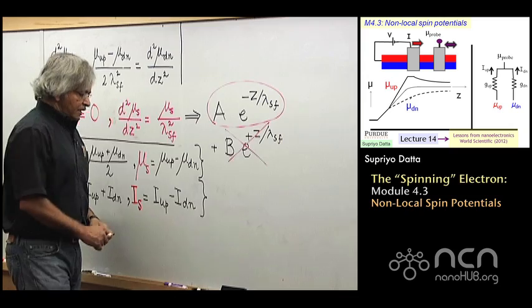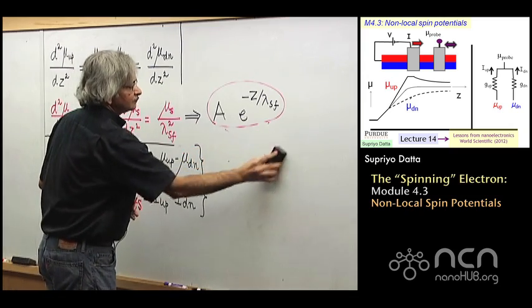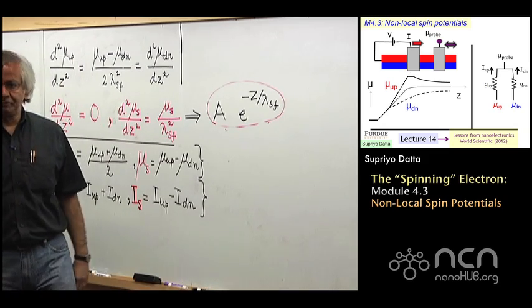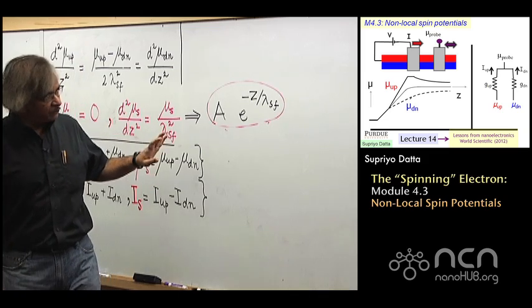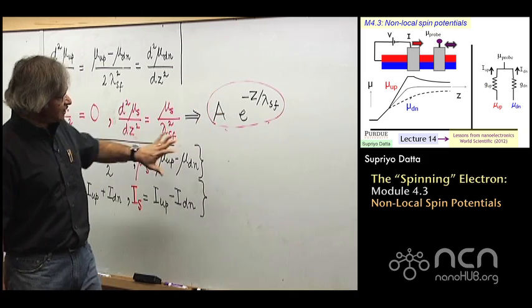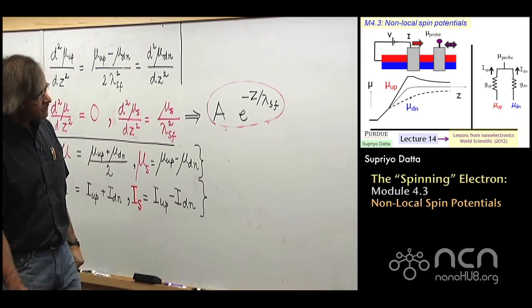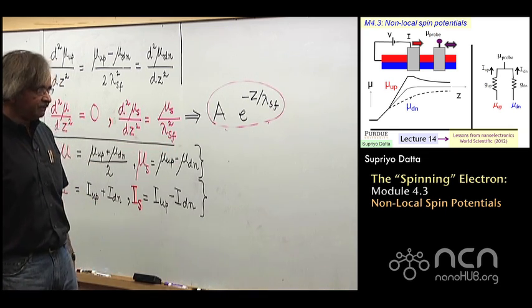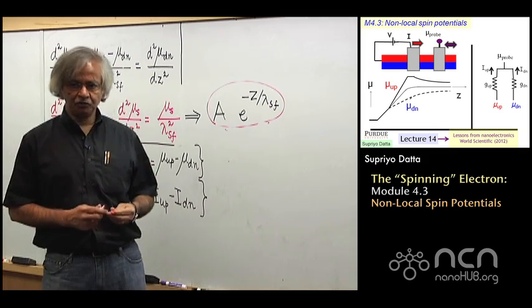Okay. Now, in order to illustrate how we think about spin potentials, and more importantly, how you actually measure them, because one of the things I've always stressed is how you relate these concepts to real experiments. Now, in terms of understanding and measuring spin potentials, there is a class of experiments that are really very useful.